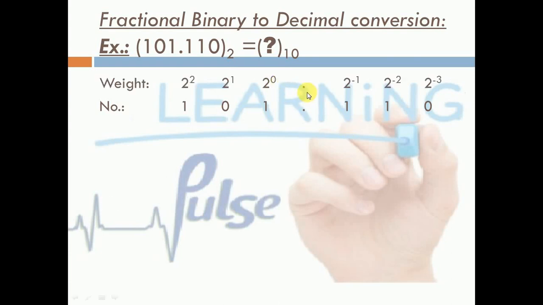As you can see here, the binary point is preceded by the positive powers of 2, which is 2 to the power 0, 2 to the power 1, 2 to the power 2. And the binary point is followed by the negative powers of 2, which is 2 raised to minus 1, 2 raised to minus 2, 2 raised to minus 3.